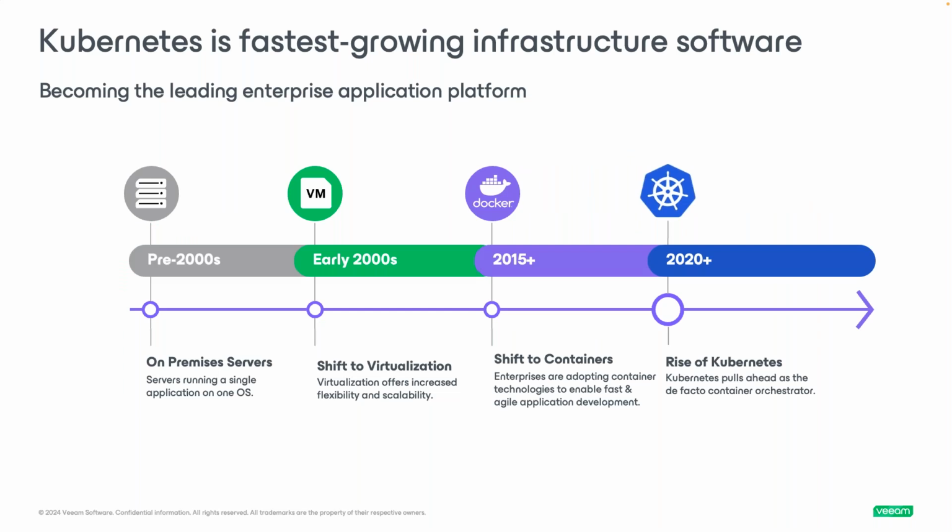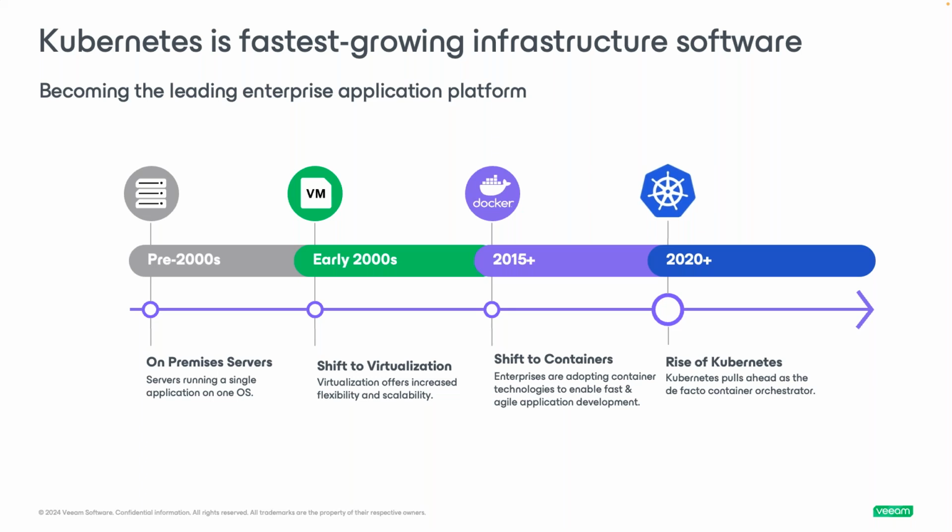Let's have a quick look at IT technology evolution. Before 2000, everyone ran their workload on one single server, right? On this single server, you would install an operating system and run one application. Then starting from the early 2000s, virtualization started to boom thanks to VMware, whereby a lot of customers could now create multiple virtual machines and run them on one single host.